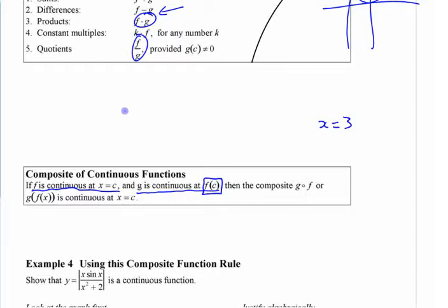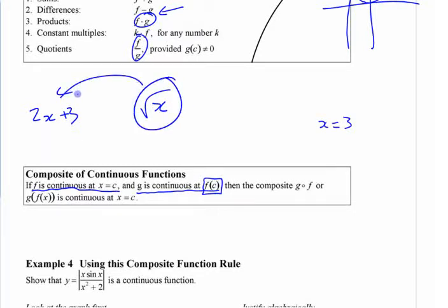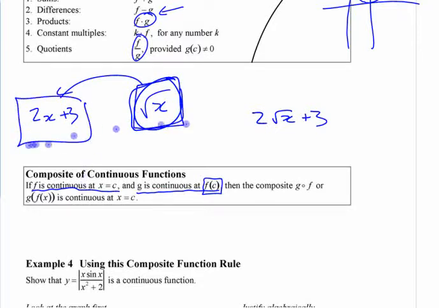You could pick square root of x and 2 times x plus 3. If you combine those together and put this function in there, you make a composition of those functions, 2 square root of x plus 3. Since you know the square root function is continuous, and you know this function is continuous for every single value, this has to be continuous.